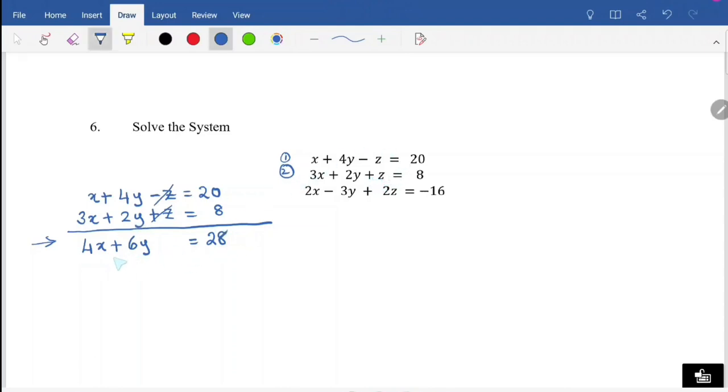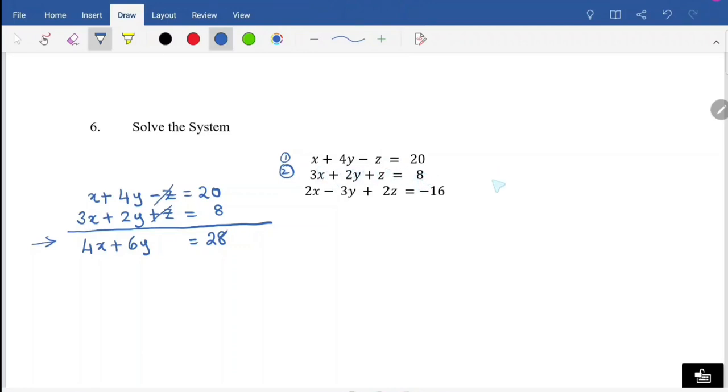Now we have to get another equation in two variables as well. So again, pick any one of the two equations that we worked with before and the third equation in the original set, which wasn't used. I'm going to take the first one, x plus 4y minus z equals 20.